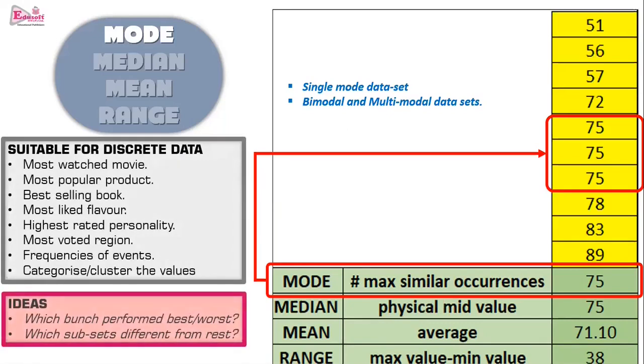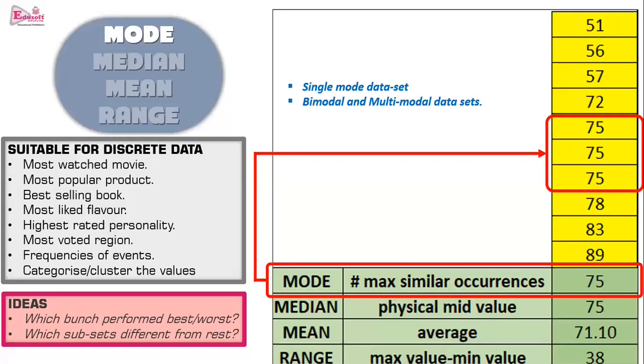Now, if you are trying to figure out the mode, what is the purpose of taking out the mode? Why do we want to know what the repeating values are? A lot of useful things can be done from it. For example, if you have the data about movie viewership, the mode will tell you which movie is the most popular among the viewers, because that movie's viewership would be repeating.